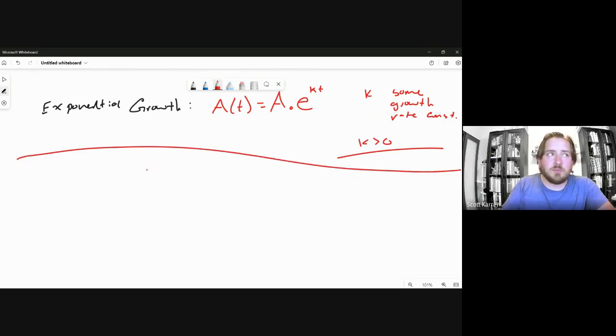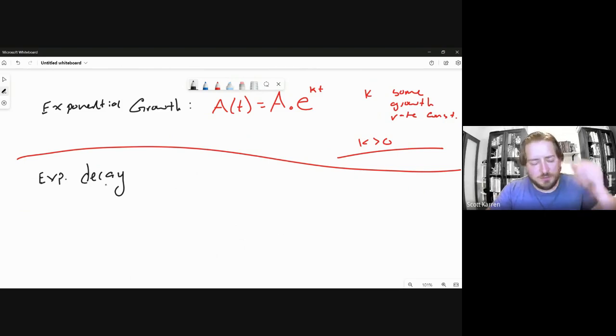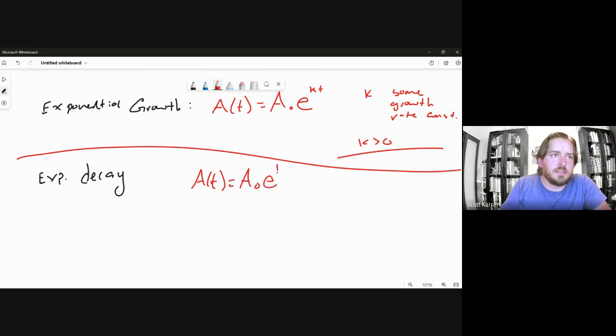Exponential decay is the same thing. Exponential decay is seen in things like rotting flesh. That's gross, but like decay in the forests, things like that. But also in radioactive decay. So exponential decay is the same formula, A of t is equal to A naught e to the kt.